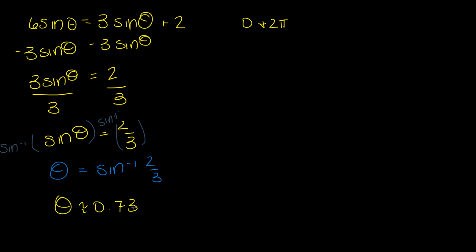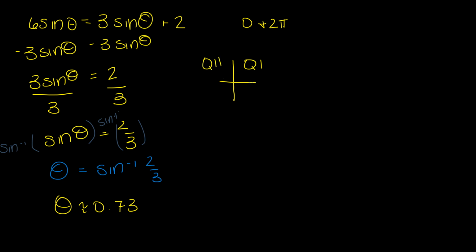All right, so if you reflect the terminal side of an angle with a measure of 0.73 radians across the y-axis, the angle you're looking at for sine 2/3, because again, we're looking at 0 to 2 pi. Sine is your y values, so quadrant 1 will have a positive sine, quadrant 2 will have a positive sine.